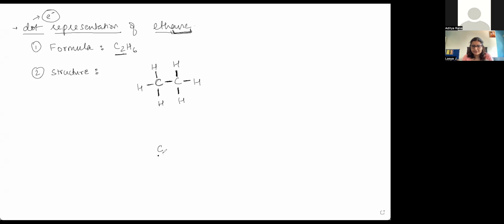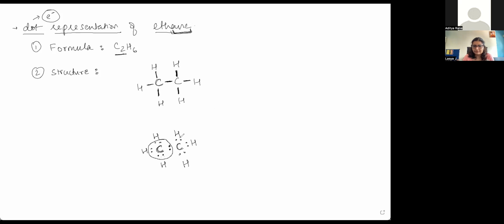So dot representation is going to look something like this. Between the 2 carbons, this single bond, and then each carbon is bonded to 3 hydrogens with single bonds. This is what it looks like. And if you want to show the octet, around this carbon there are 1, 2, 3, 4, 5, 6, 7, 8 electrons.